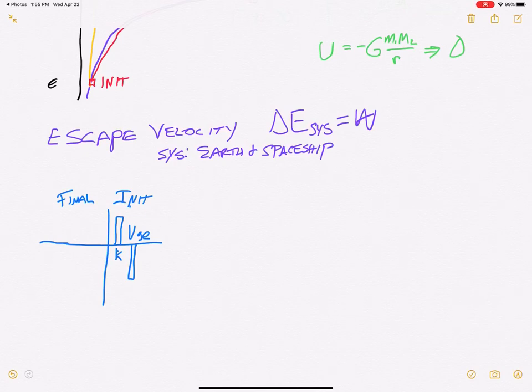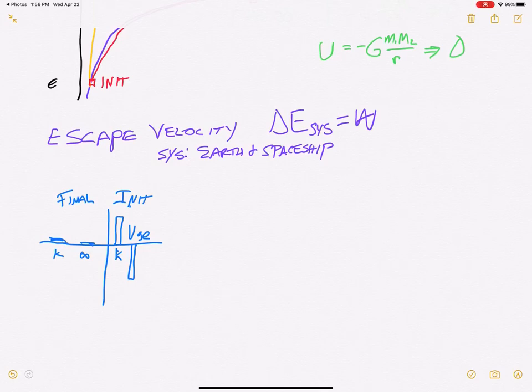If we've done it with the kinetic energy equaling 0, and we're at infinity, then we've got the minimum possible speed. And that's what's meant by the escape velocity.